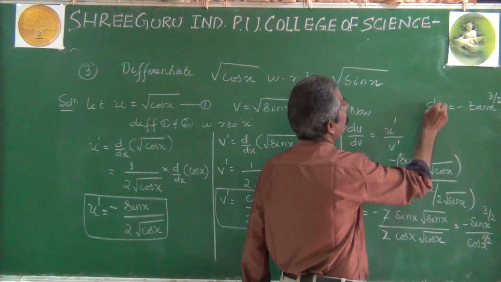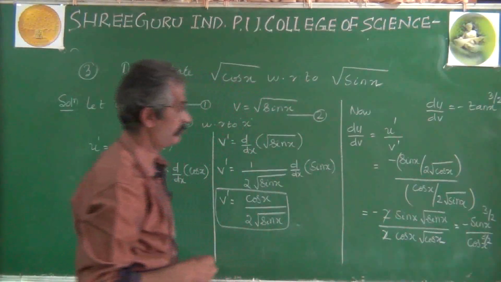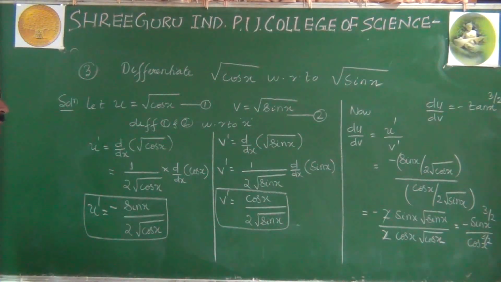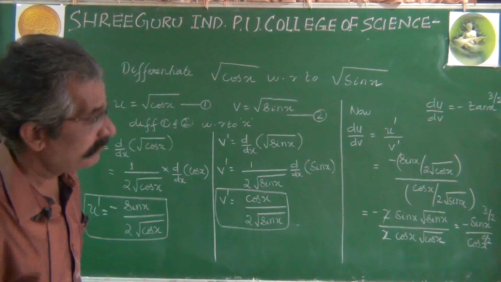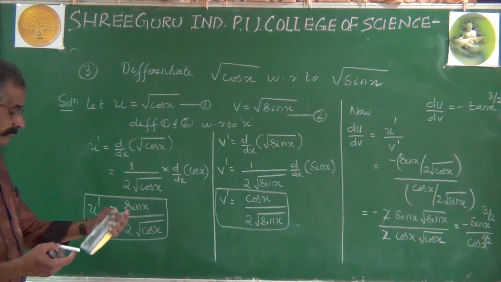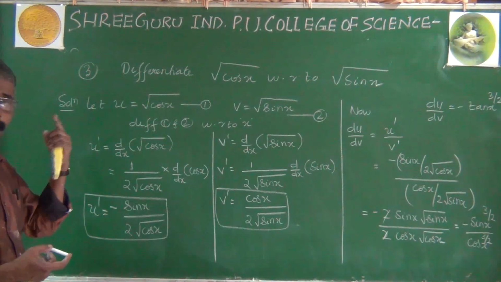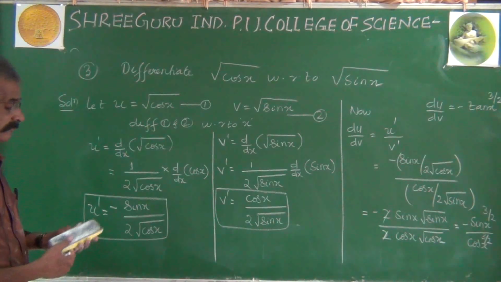That's the value for du by dv. That's our next question, under this type, meaning differentiation of one function with respect to another function.